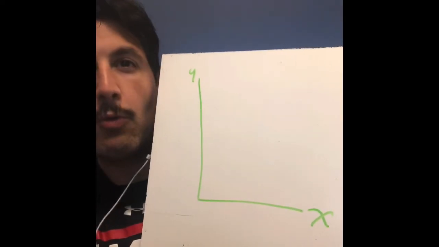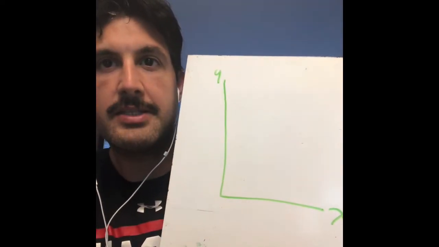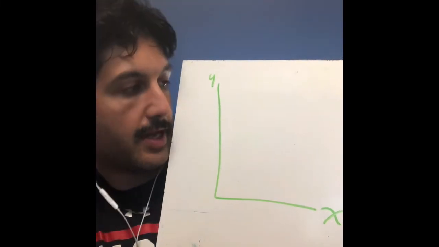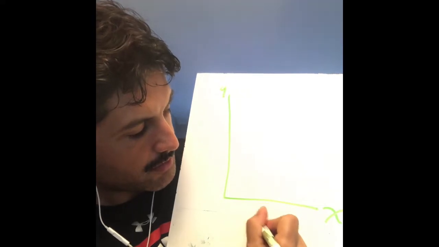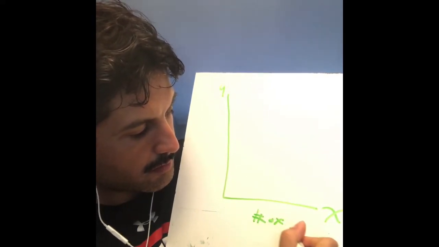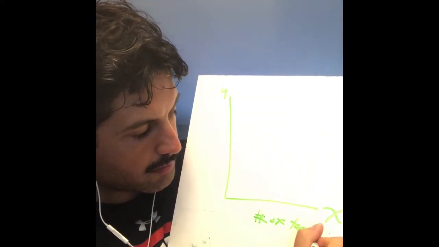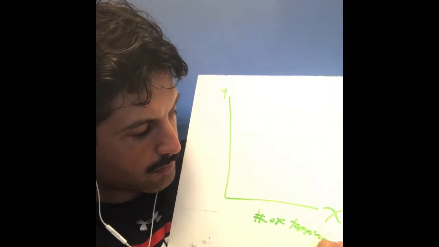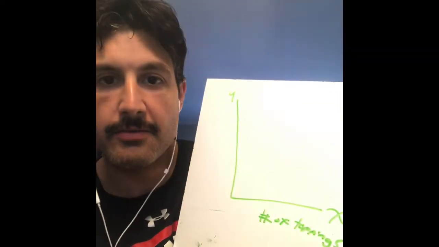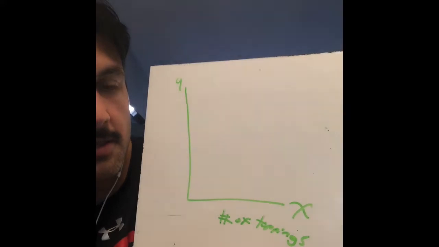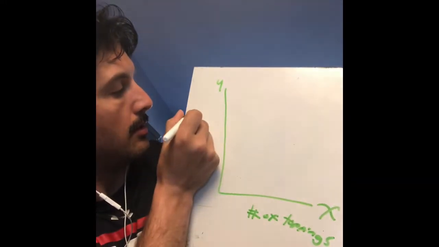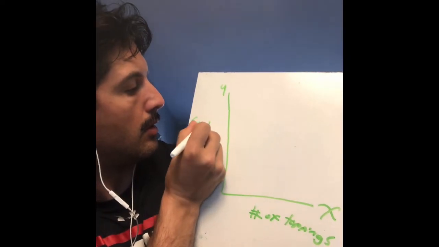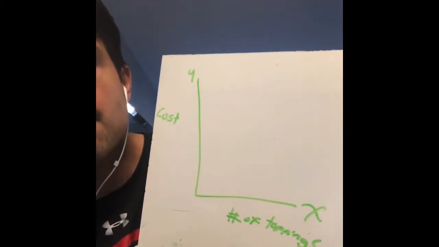Okay, so example one, we have the cost of a pizza if toppings are 50 cents. The number of toppings is your independent variable, and the cost is your dependent variable.